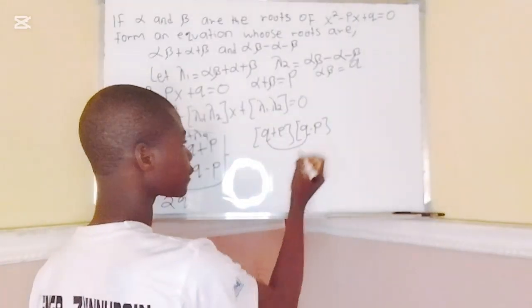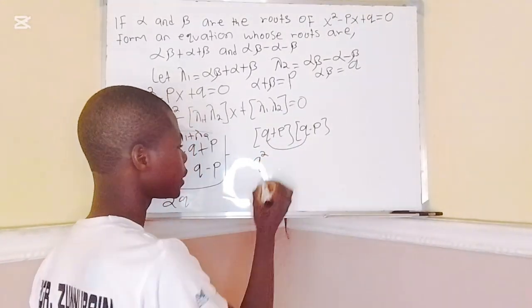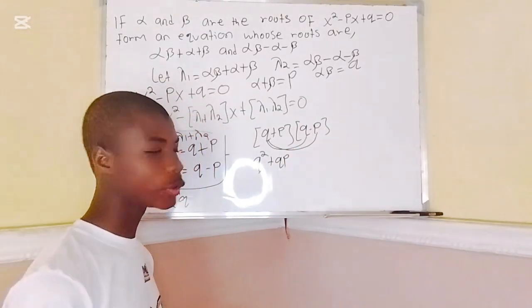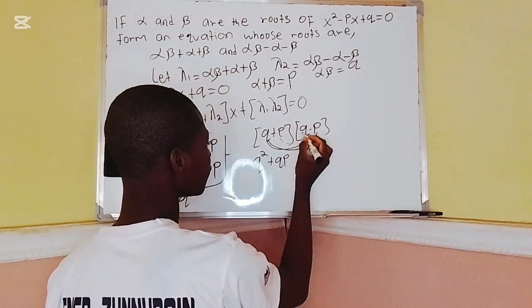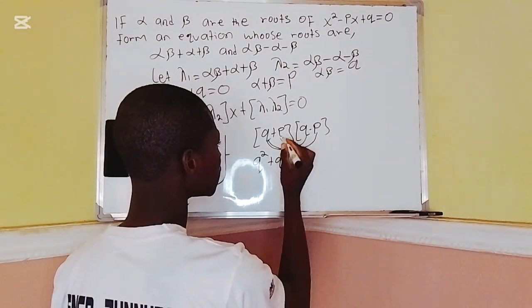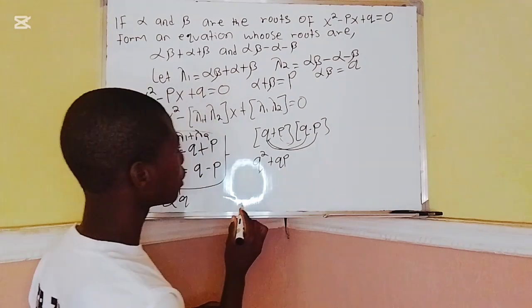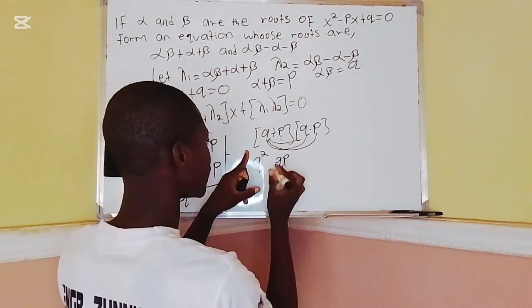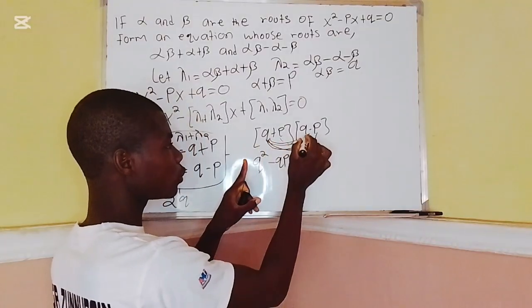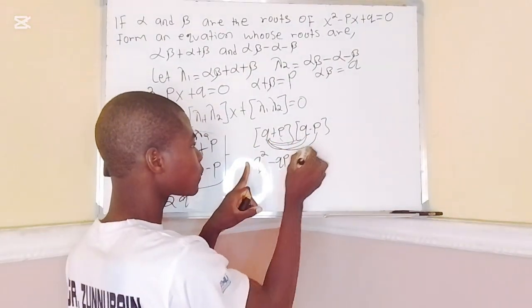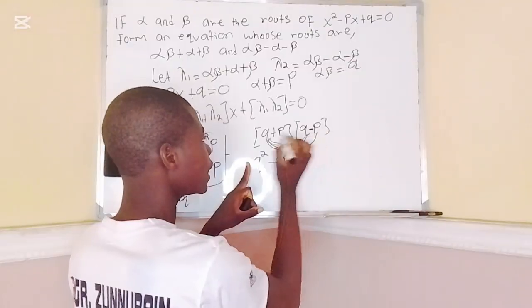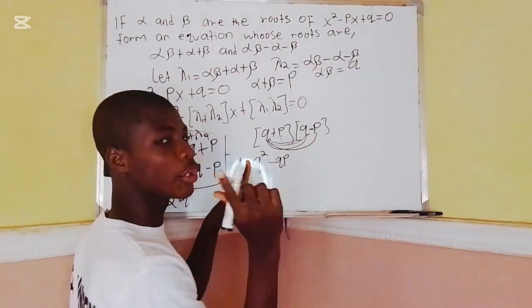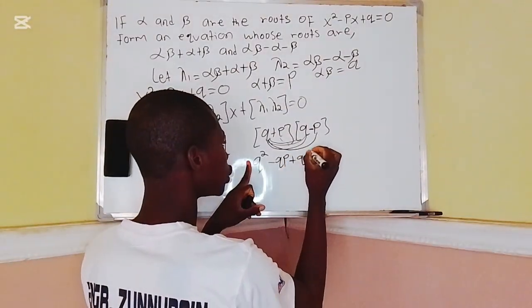So q multiplied by q equals q squared. q multiplied by negative p gives negative qp, and p multiplied by q gives positive qp.